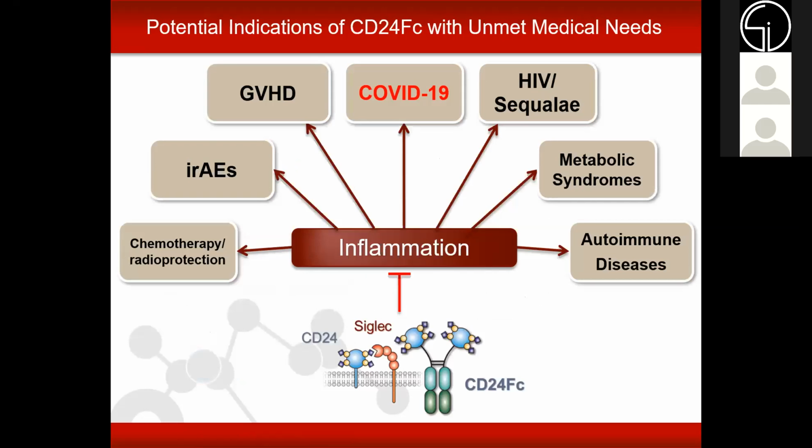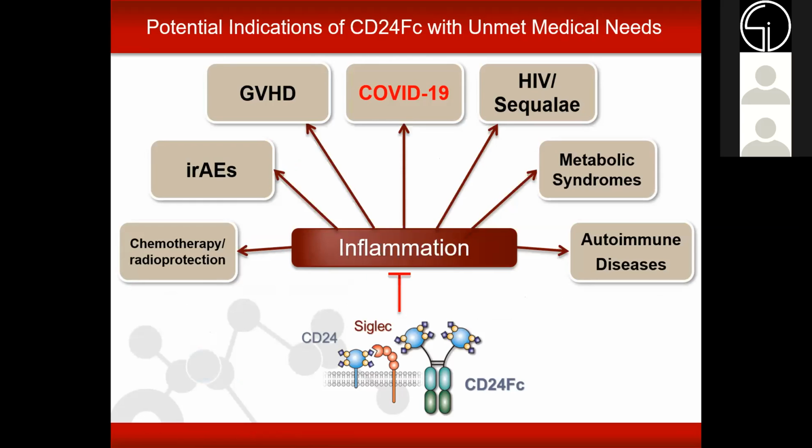We have been doing this laboratory research for quite a long time, with Dr. Yang Liu having worked on this molecule for 30 years. We have found this is a very important modulator of inflammation, and inflammation itself controls the majority of the disease process.